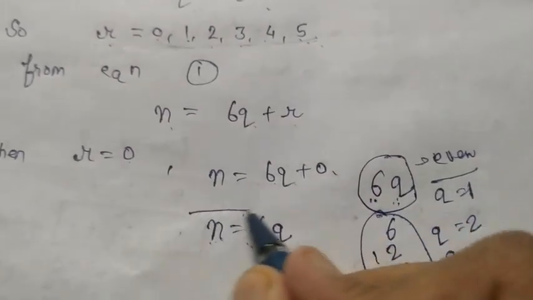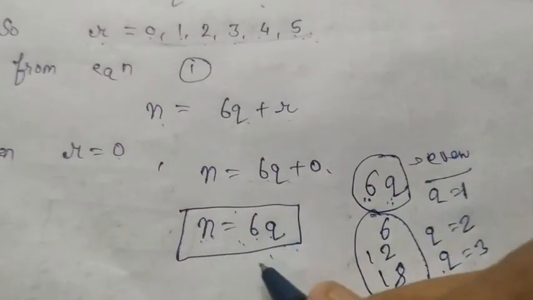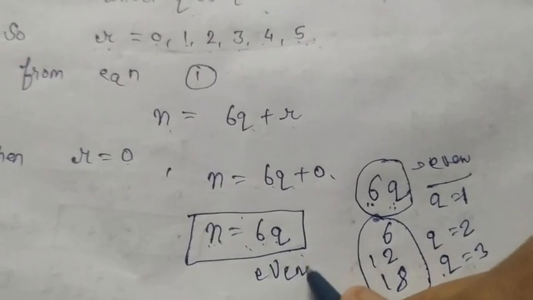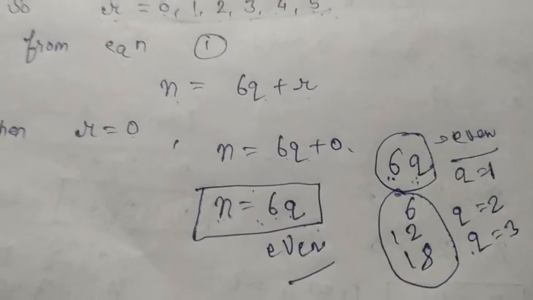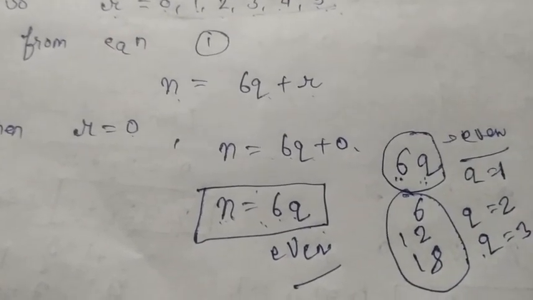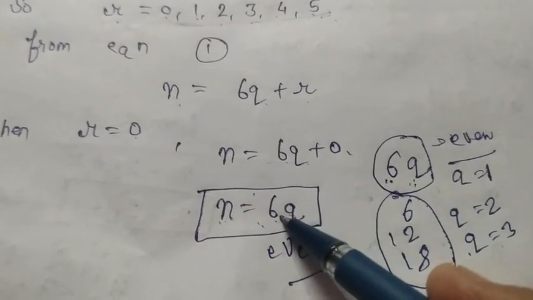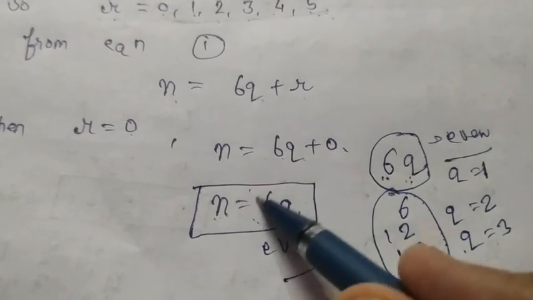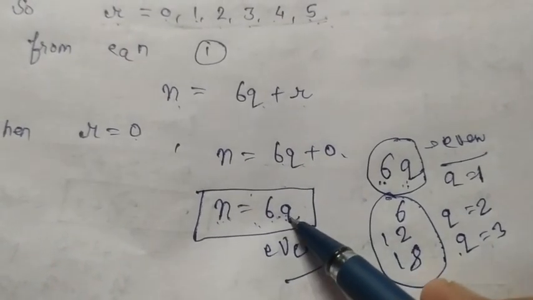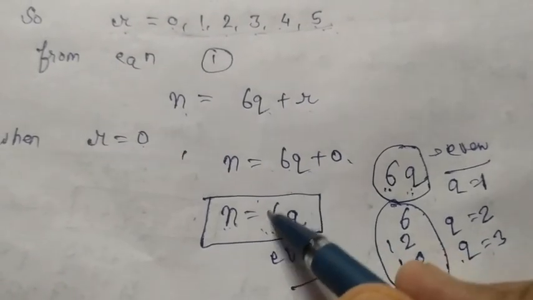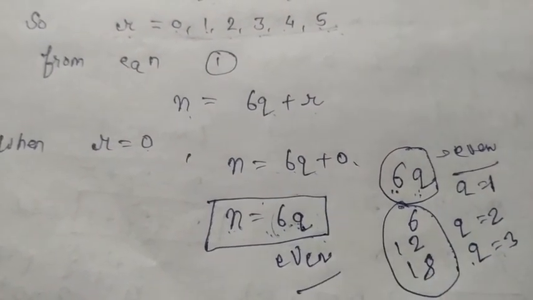So this statement gives an even number. Is it clear? Here is one short trick for you. Whenever you see an integer multiplied by an even number, the whole quantity is always even. q is an integer, and when q is multiplied by 6, the whole quantity will be an even number.